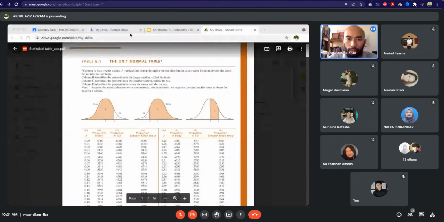Okay, so kembali kepada soalan ini tadi. So kita nak proportion, kita nak cari z-score ataupun area kepada proportion yang greater than 700.